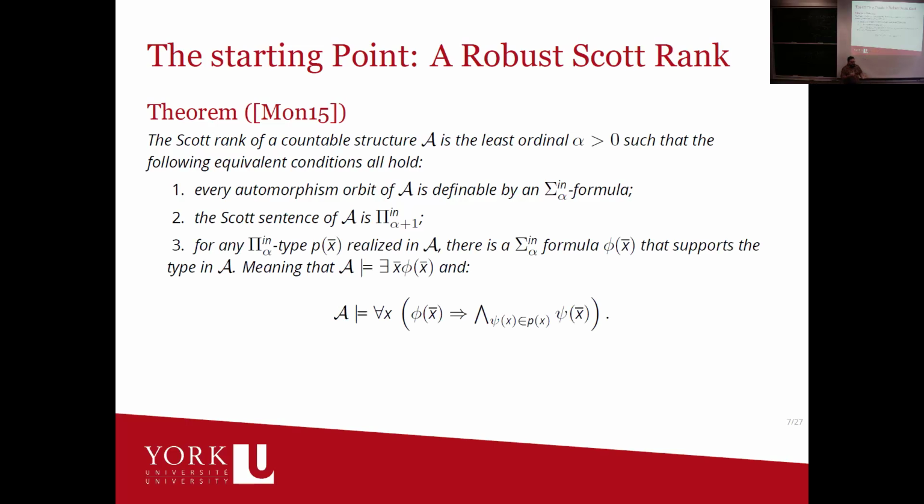Because these aren't complete types, I can't really talk about isolation in the same way, but it's the same idea. There is a sigma alpha formula such that the model thinks that there is somebody that realizes that formula, and the model also thinks that everyone who satisfies that formula realizes the type.